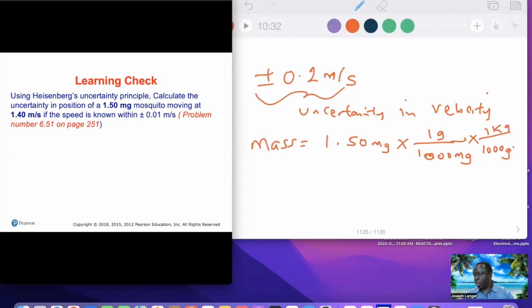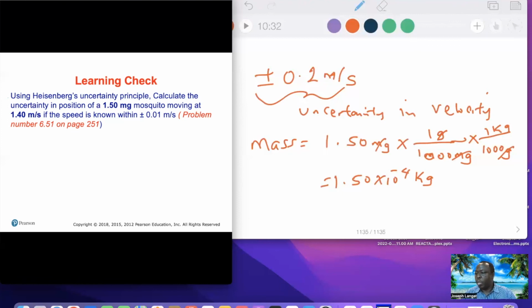We need to change the mass to kilogram, and this will be 1.50 times 10 raised to negative 4 kg. Mass has to be in kg.